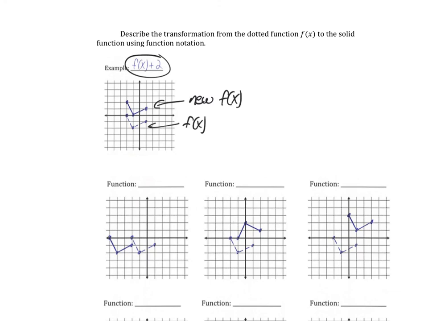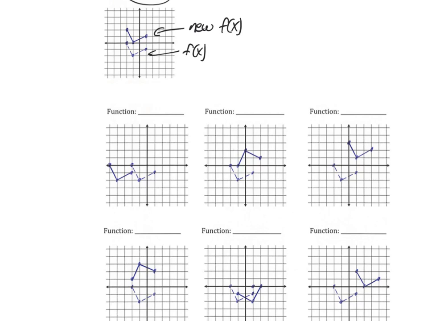Let's just do one more together. Let's take a look at this next one. We have this dotted function. Again, this is your f of x. And it looks to me like all the points have just been shifted left 3. So what do I need to do to the function to shift it left 3?